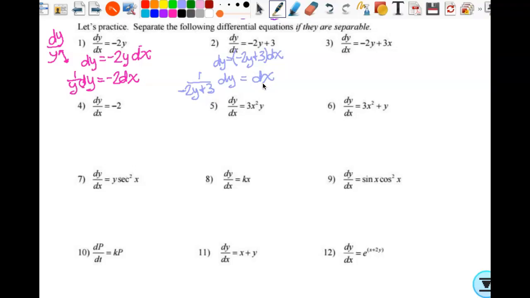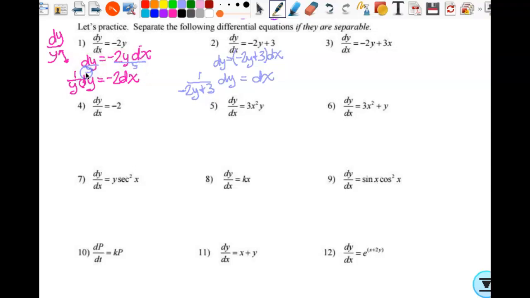I took out the y. Oh, I see what you're saying. Yeah, so here I probably should have shown my work, but here I divided both sides by y.